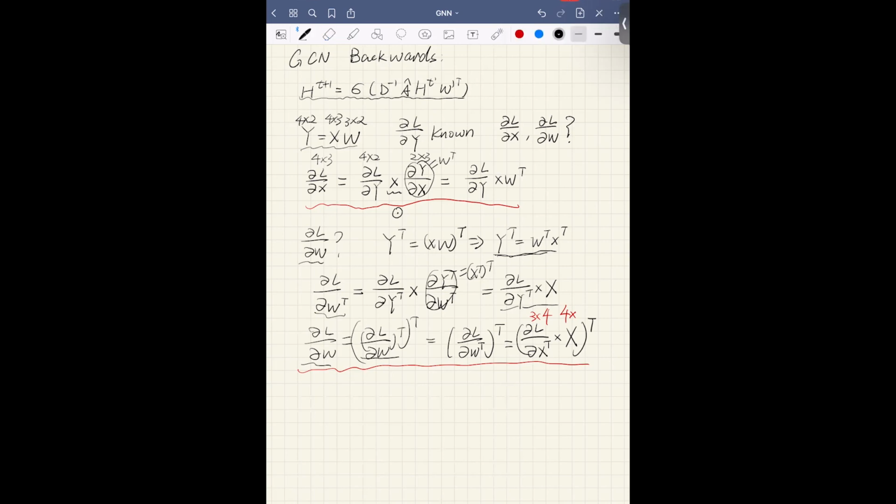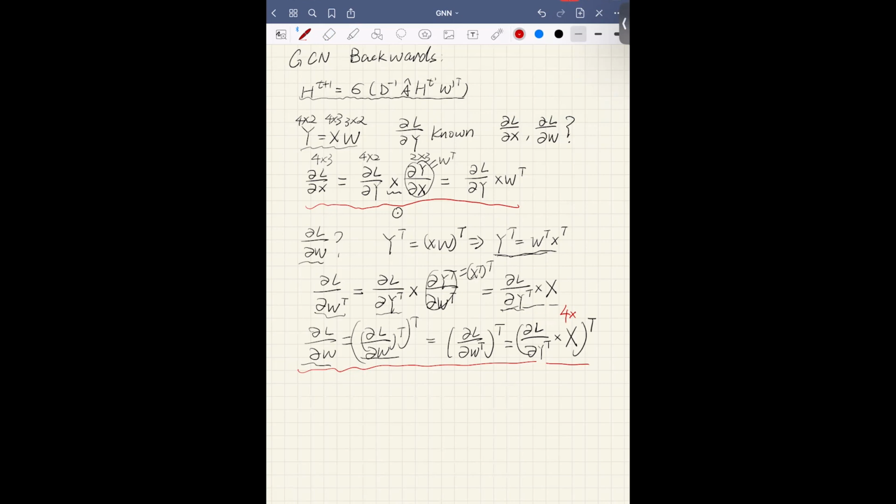This is y transpose, and this is y transpose. Okay, so this term x.